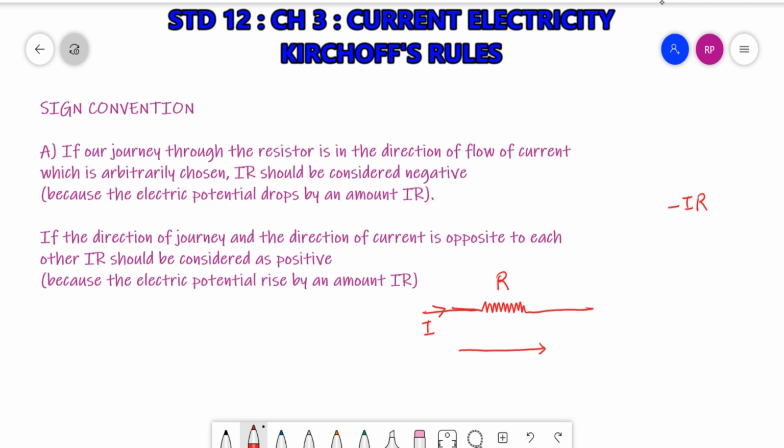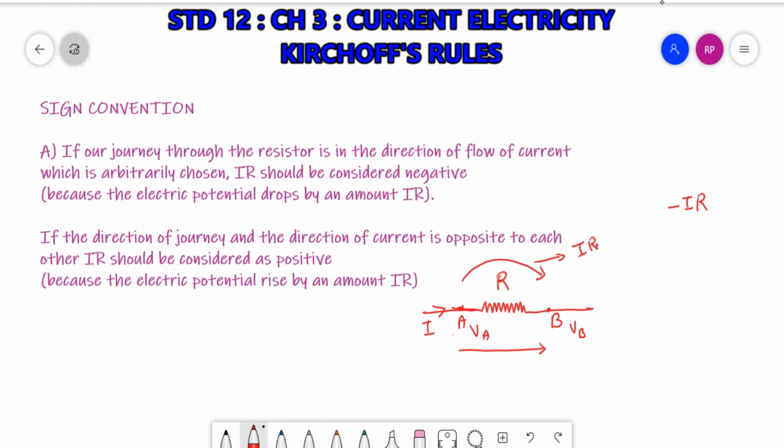The reason here is, if this is point A and this is point B, let the potential at A be VA and the potential at B be VB. When we move from A to B, there is a drop in the potential. How much potential is dropped? That is V equal to IR.